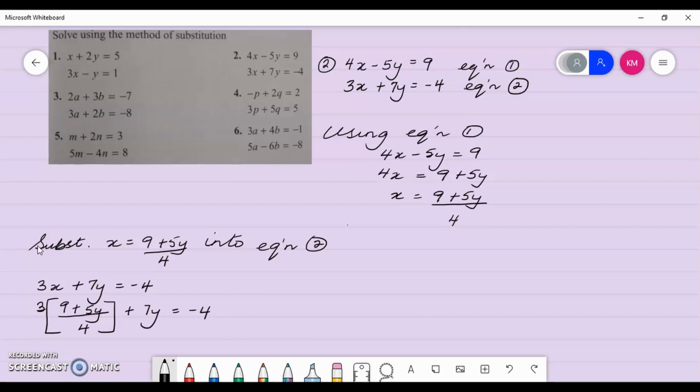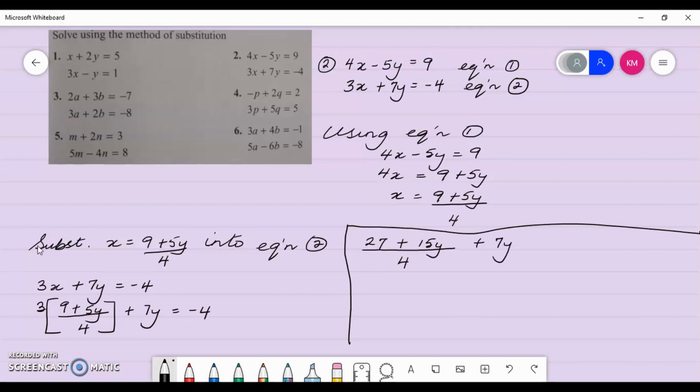Now I just multiply. I'm going to get 3 multiplied by 9, that is 27, plus 5 3s are 15y. Let me just box off this so we don't get confused. Over 4 plus 7y is equal to negative 4.